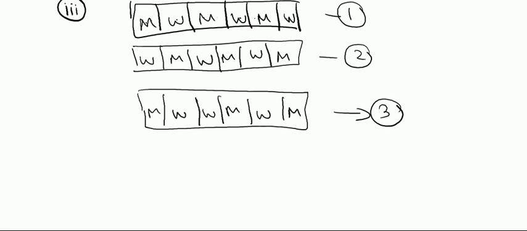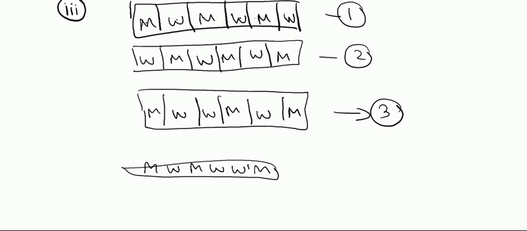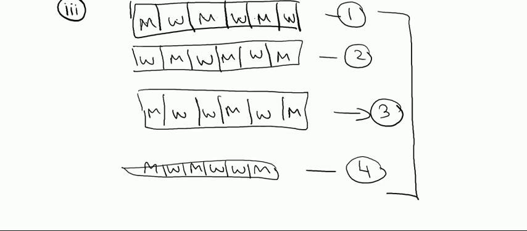This is 3. And the fourth one should be men, woman, men, woman, woman and men. This is 4. So we can say that there are 4 possibilities in which 2 men will never be with each other.